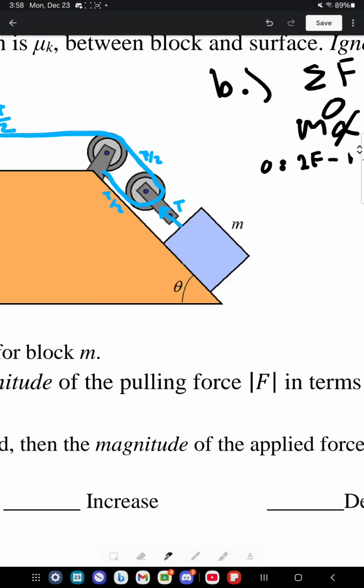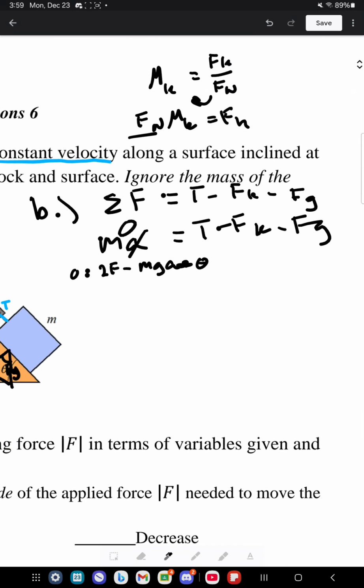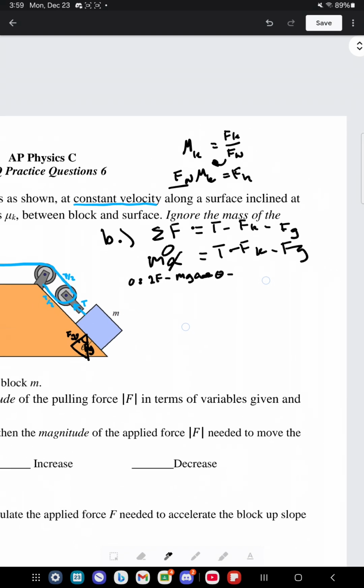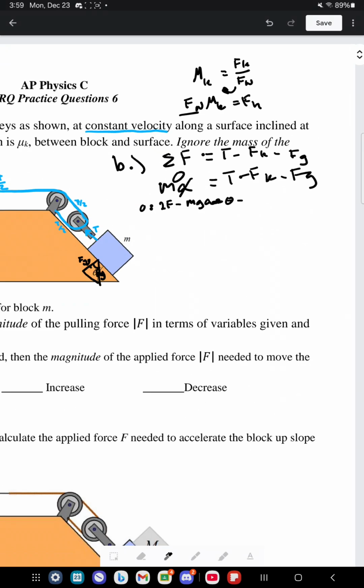Because if this is theta, then FG, FGY, FGX, so like this, and we want to find FGY, that is adjacent over hypotenuse. Yeah, so it's mg cosine theta minus F of g. I made a few mistakes here.